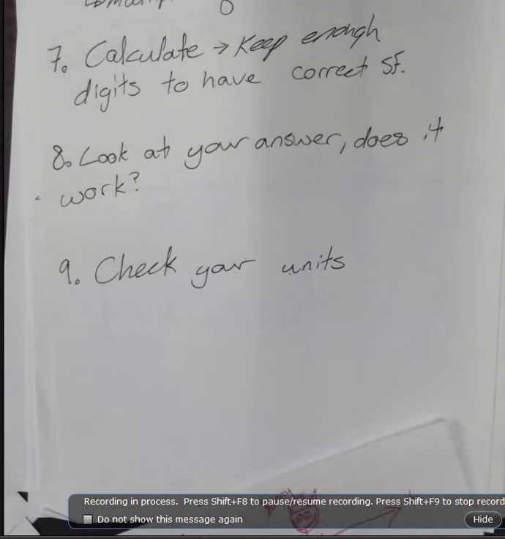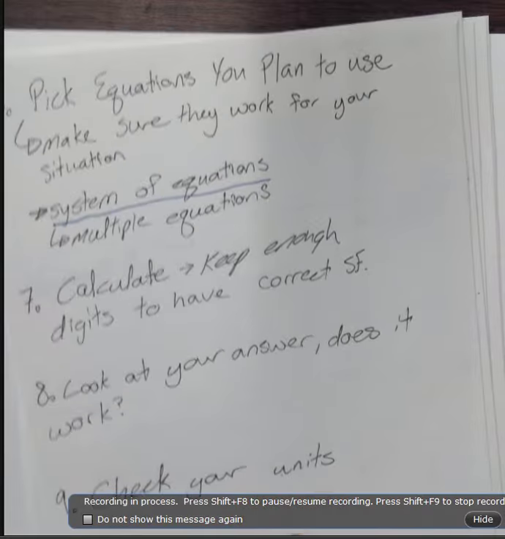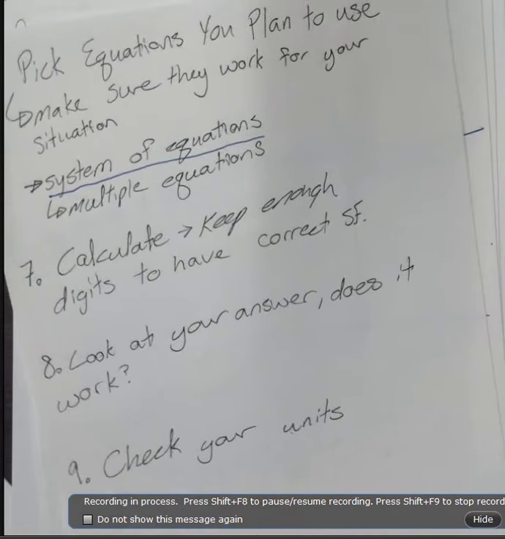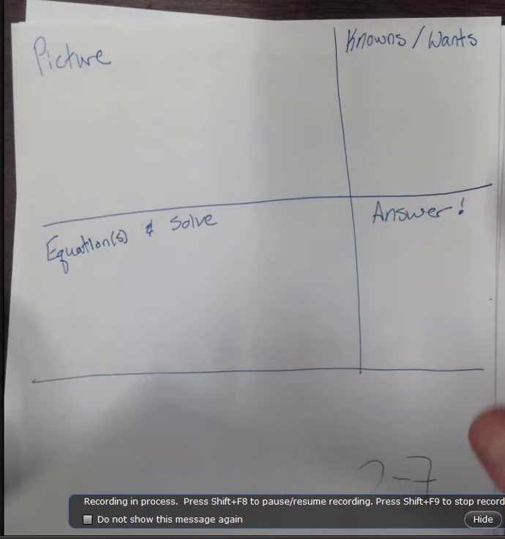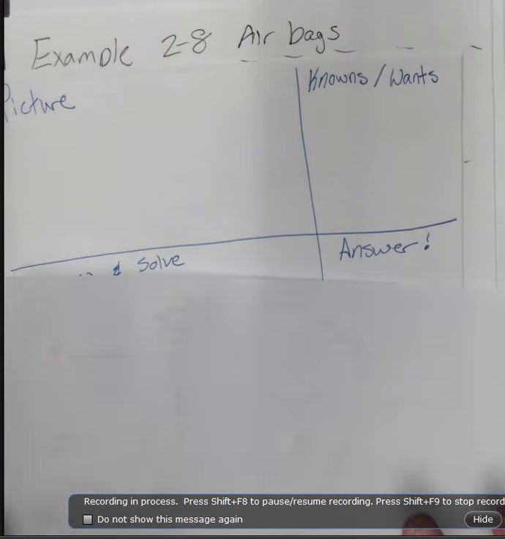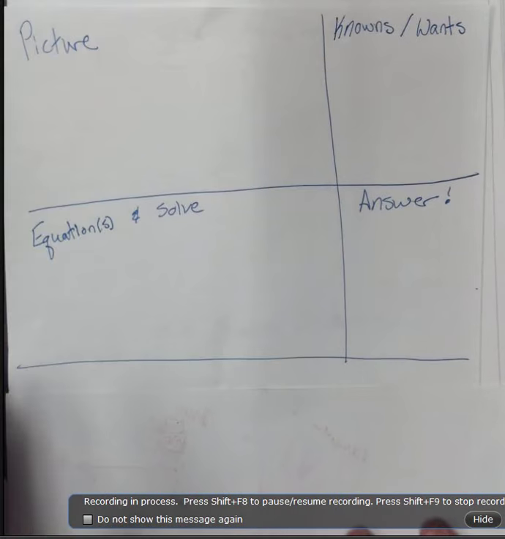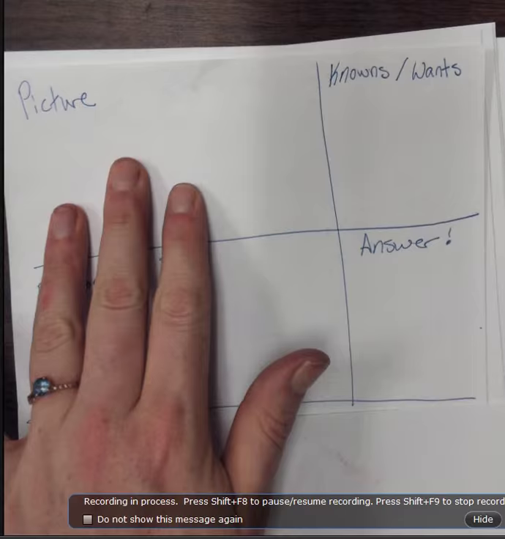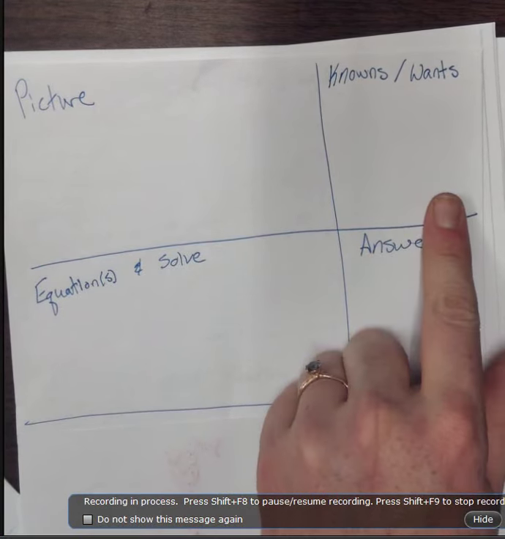All right, so that's our problem solving method. What we're going to do now is break it down for you even further in our example problems, and I'm going to show you this format. You can actually draw the boxes when you solve problems. For kinematics problem solving, you should have a picture. You should establish what your knowns are and what you're trying to find.